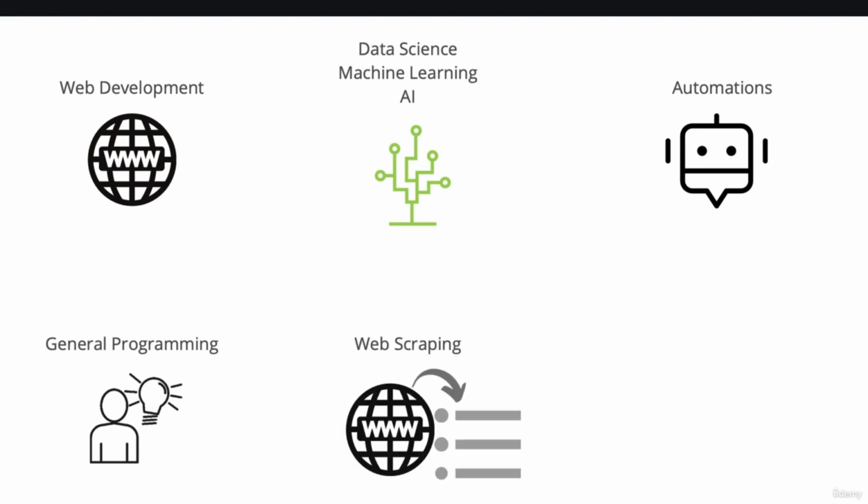Web scraping. Web scraping is a very specific area, and it is mainly used by freelancers, especially on online networks such as Upwork or Fiverr, Elance, freelancer.com. So it's quite a niche.